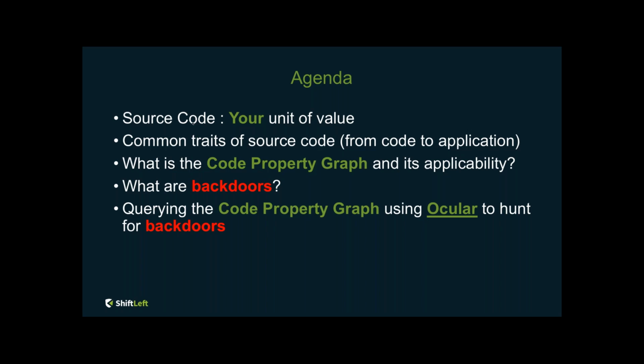Then we're going to emphasize what a code property graph is, the key foundational technology of Shift Left, and its applicability to your unit of value, which is source code. And then we're going to speak of backdoors, or perhaps insider threats, and how we're going to leverage a product called Ocula, built on the foundational technology of code property graph, to help hunt for backdoors and insider threat patterns.